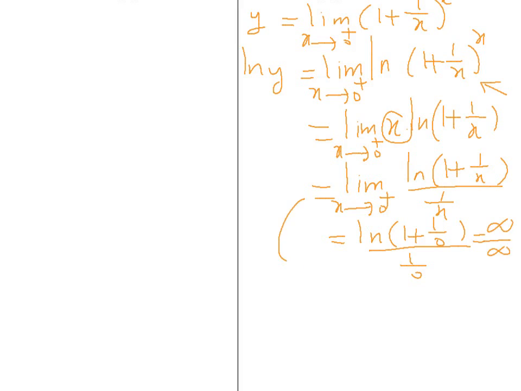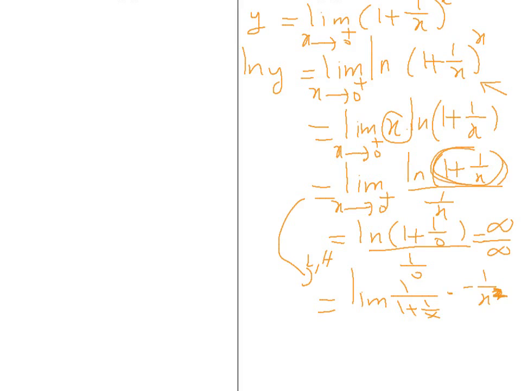So we can start applying L'Hopital's rule. This is equal to the limit of the derivative of ln, which is 1 divided by 1 plus 1 over x, which is 1 divided by u, times u prime, which is minus 1 divided by x squared. This is the derivative of this.